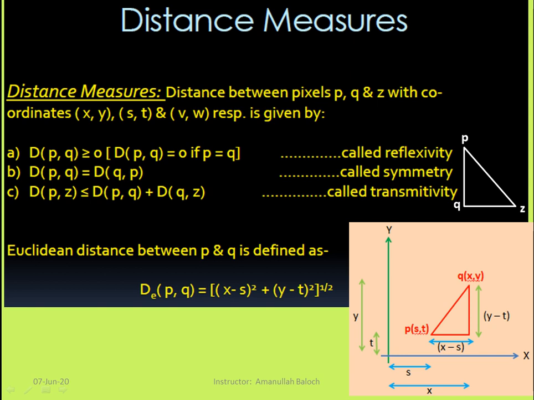D of P, Z is less than or equal to D of P, Q plus D of Q, Z. This is called the transitivity rule.